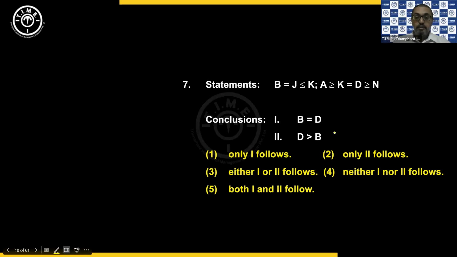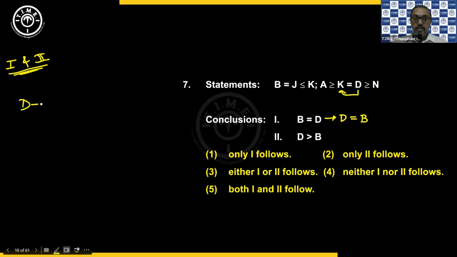The next one. Now here, I can slightly change this and write it as D equals B, because both are same. So the two conclusions that I have are having the same alphabets, D and B. So I'll take a single expression to get my answer. So from D, I can go to K in the reverse direction.